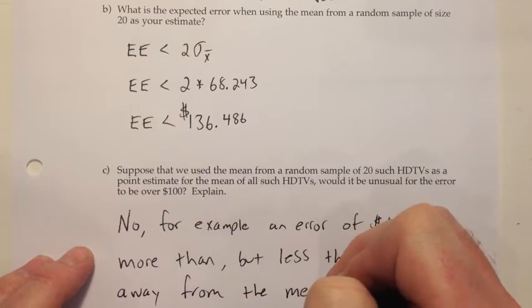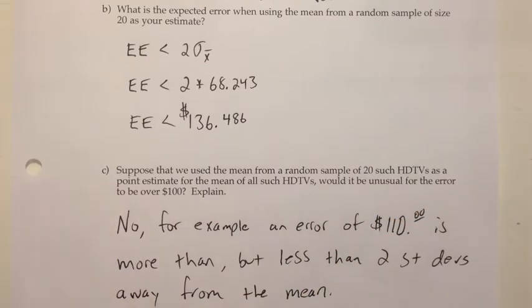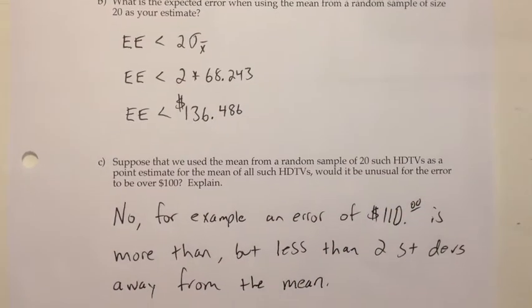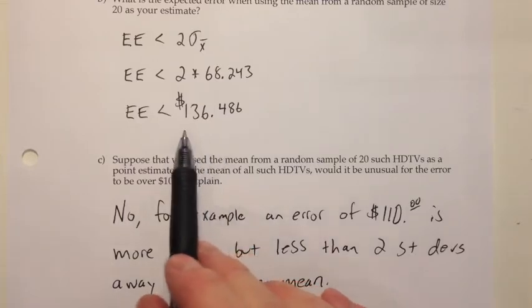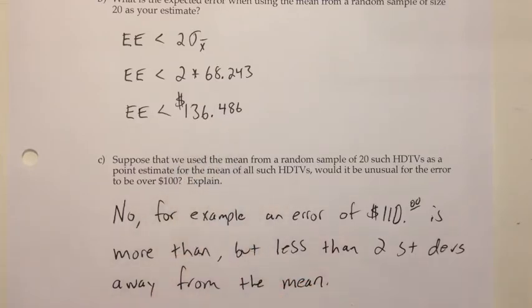So in order for us to say that any such error would be unusual, it would have to be the case that any time your error was over $100, it would be unusual or more than 2 standard deviations away. But here's an example of $110. That would be an error that's too much, more than $100, but it's still less than 2 standard deviations away, because we know that 2 standard deviations away is $136.